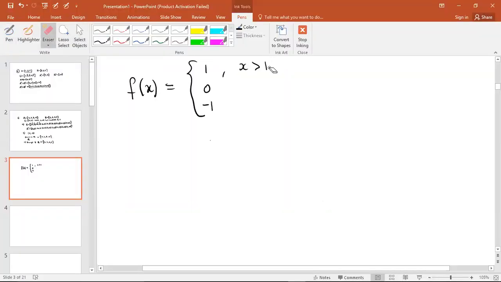So here, x is greater than 0. Then we have -1 less than x less than or equal to 0. Then the third one is x is less than or equal to -1. So sketching this will not be a problem.